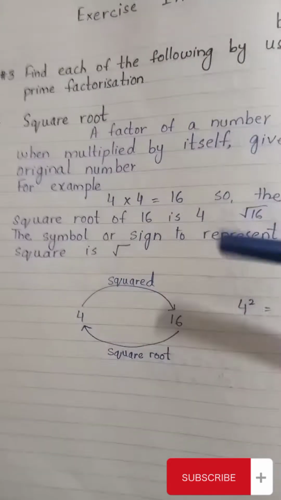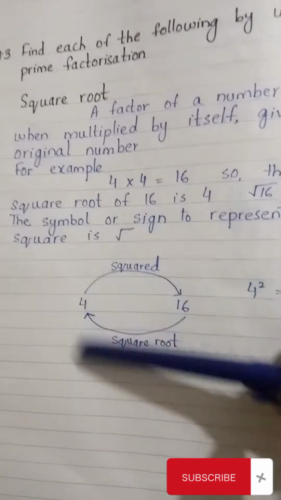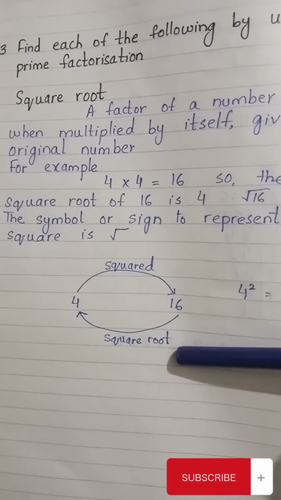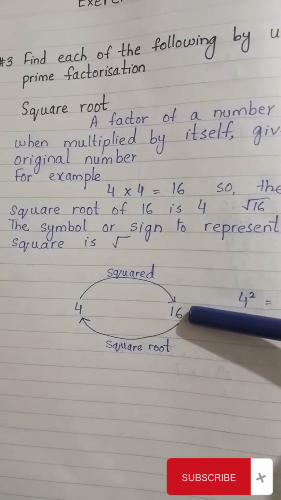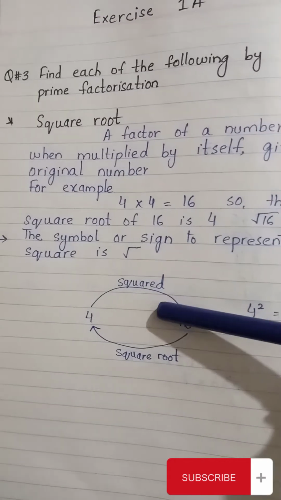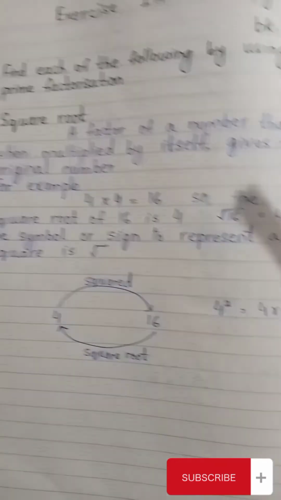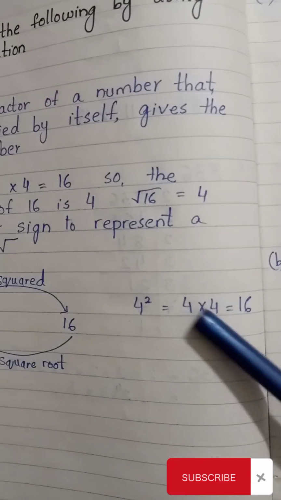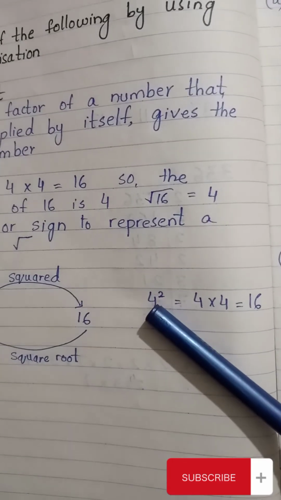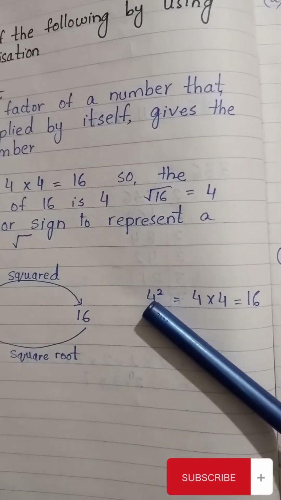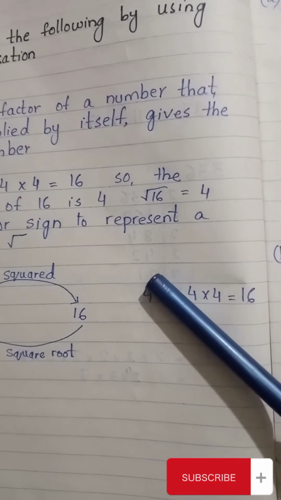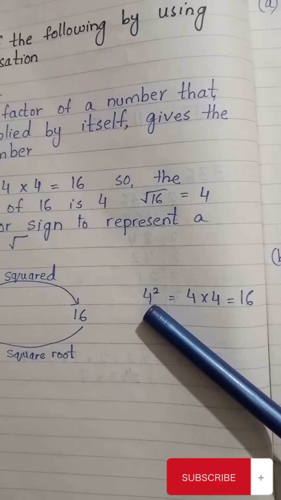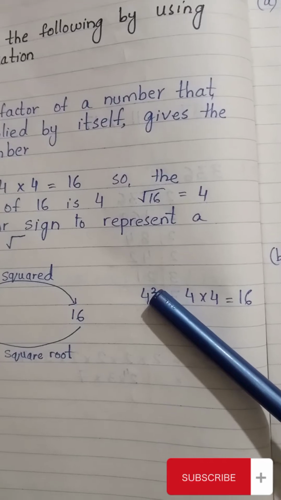Here I am explaining with this figure. If we have to find the square root of 16, first we find a factor of 16 and multiply it by the same number. You can see here 4 square. The power of 4 is the small 2. We read this as 4 square.